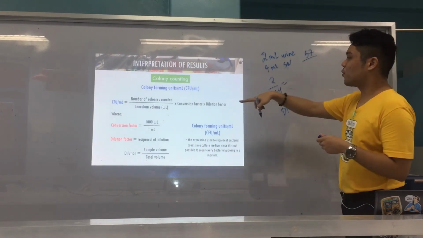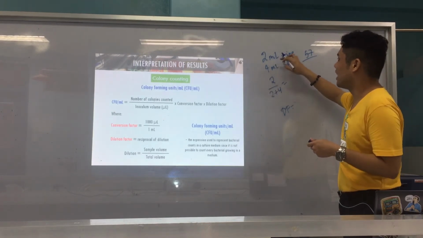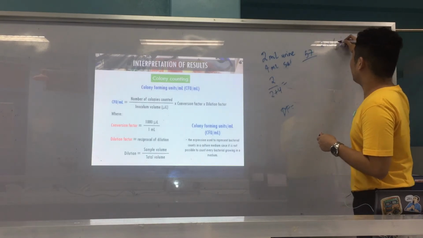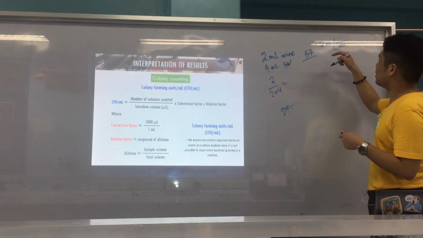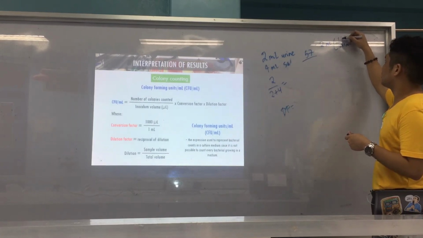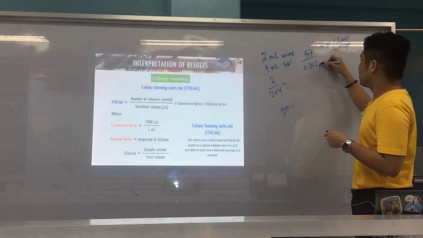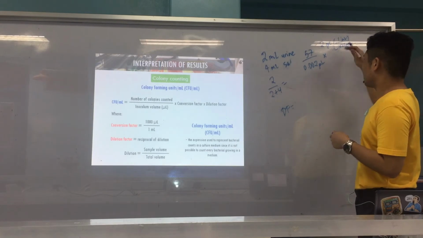So, 57 over the inoculum volume, which should be in UL. So we need to convert this to UL. So, 2 ml converted to UL is equivalent to, how much is this? 1,000. 0.002, right? In UL, times the conversion factor, which is 1,000.